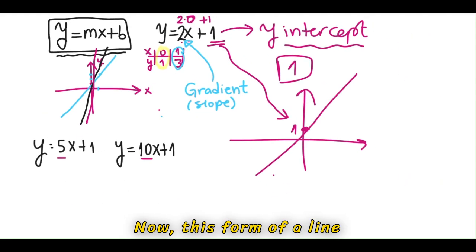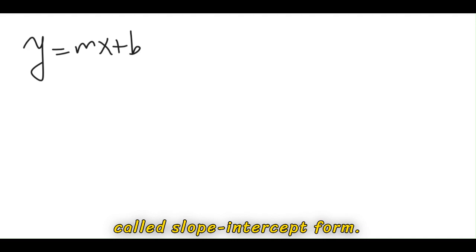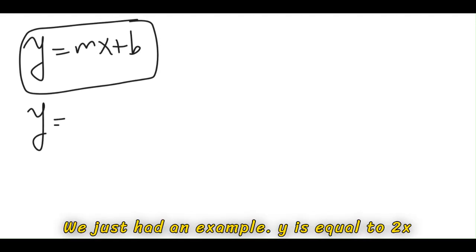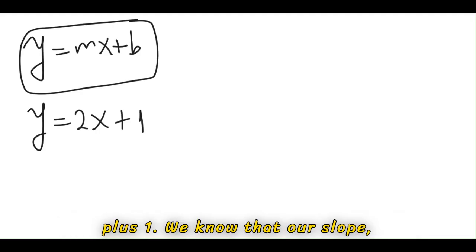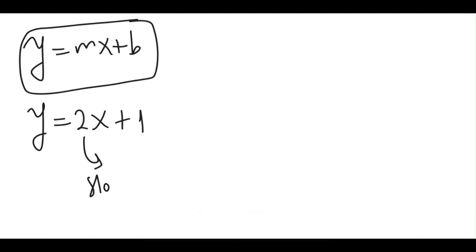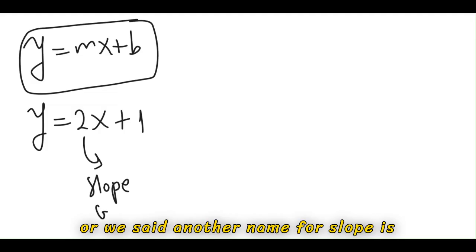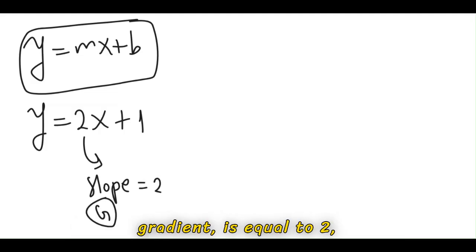Now, this form of a line, y is equal to mx plus b, is called slope-intercept form. We just had an example: y is equal to 2x plus 1. We know that our slope, another name for which is gradient, is equal to 2.